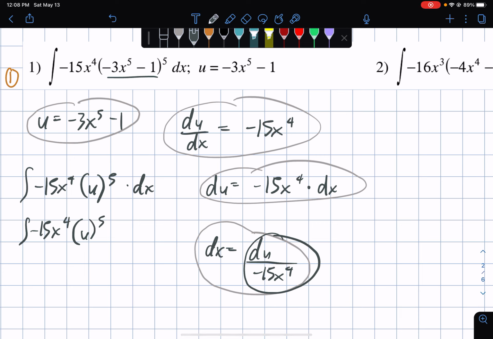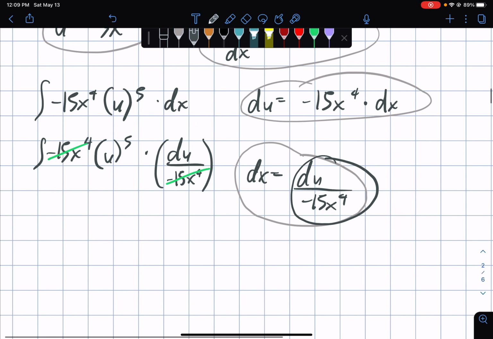That is du over negative 15x raised to 4. And see if you can cancel anything. So apparently you can cancel those two things. Note that they're all multiplied to each other, so it makes sense if you cancel, unless they're separated by plus or minus, which isn't what we have right now.